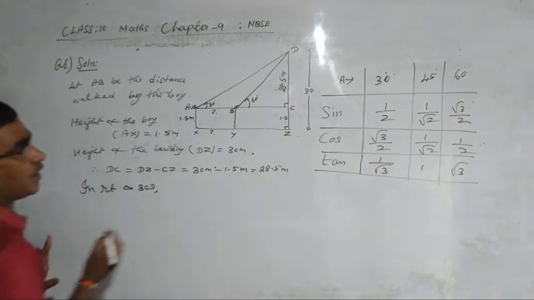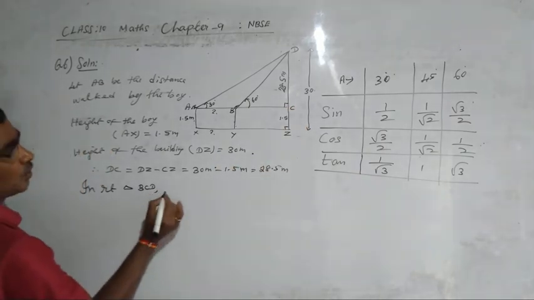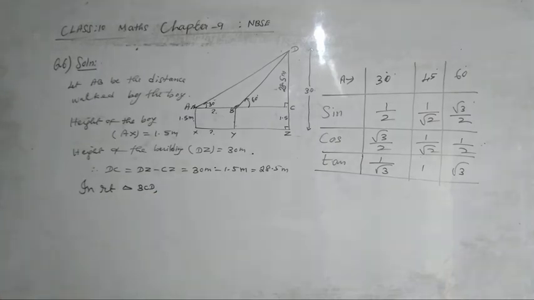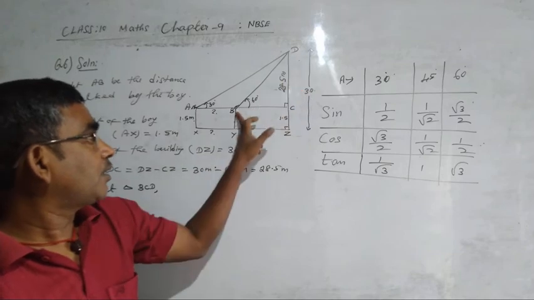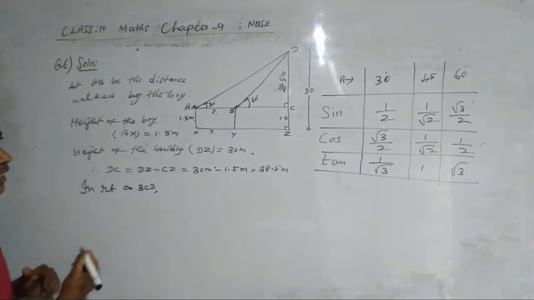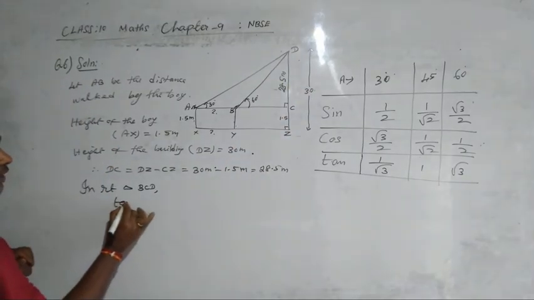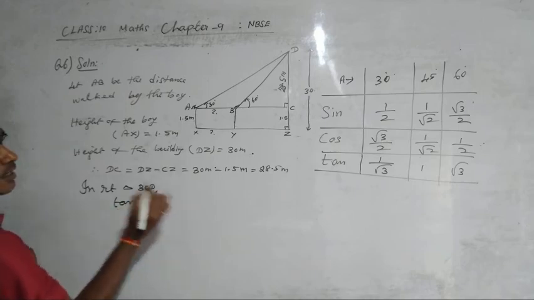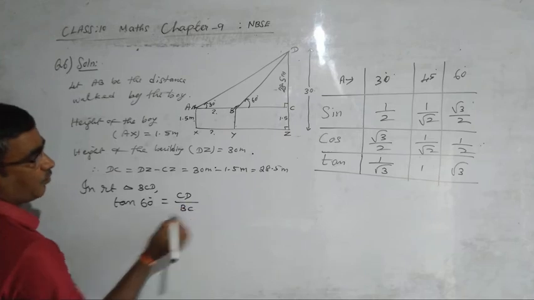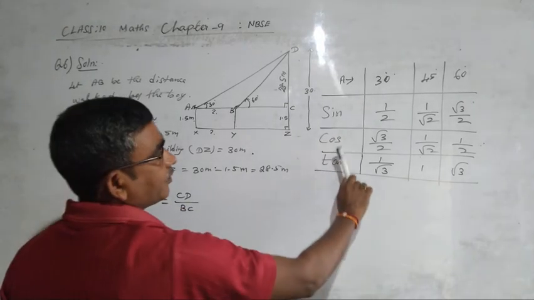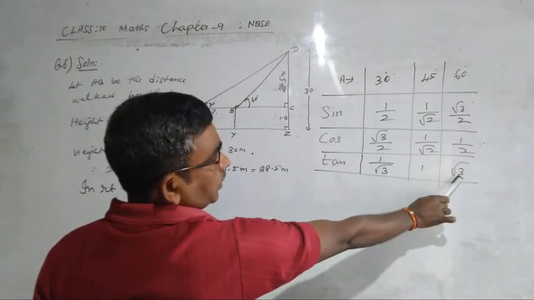CD is the perpendicular, BC is the base. So tan 60 is equal to CD by BC. Tan 60 is equal to root 3.